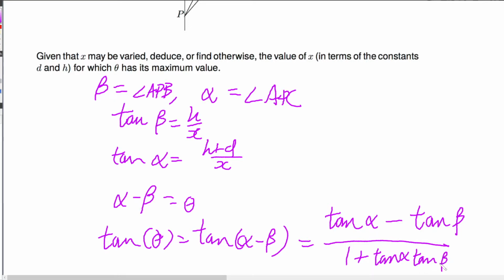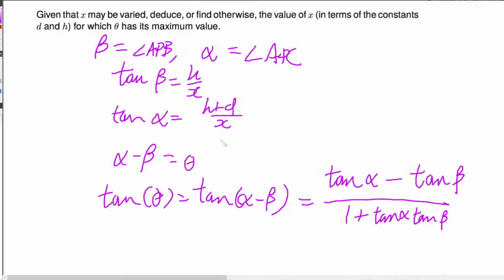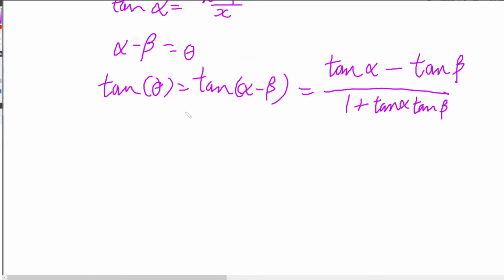I believe this is the actual formula. I'll just quickly check against my answer that I've done already, and yep, that's correct. So if tan theta is that expression over there, we can substitute what we know about tan alpha and tan beta to get an expression in terms of h, d, and x.